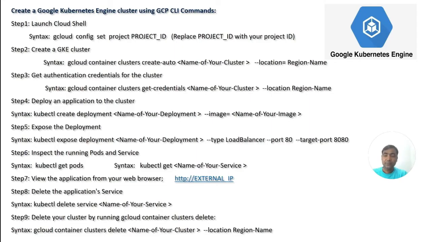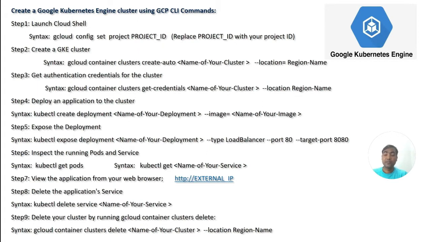At the end of the practical session, to avoid incurring charges to your Google Cloud account for the resources used, you can delete your application using the kubectl delete command. I'll show you all the steps.